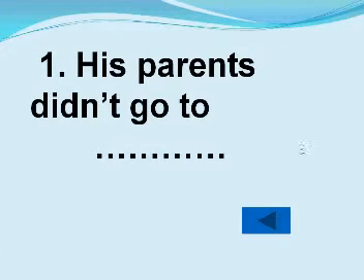Let's see what we will do. Here is a question saying that his parents didn't go to. We have somebody in the text, and we need to know that his parents did not go somewhere. Okay, what are the most important words here? You'll have to find the key words in the question. The key words, of course, are parents.